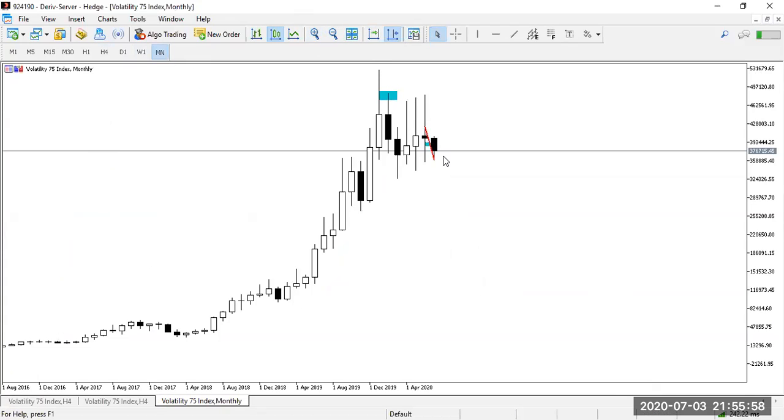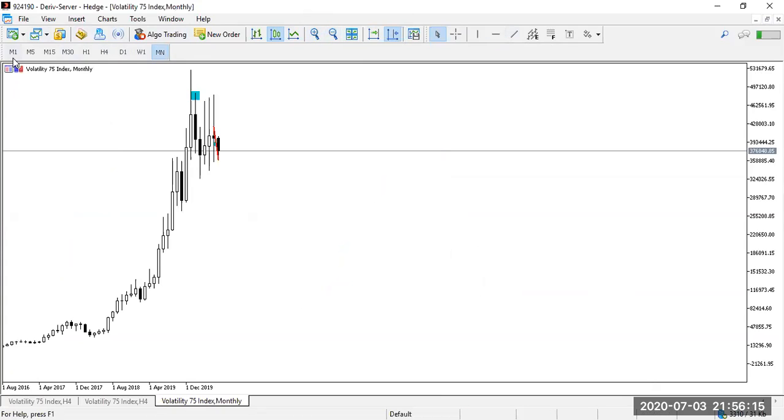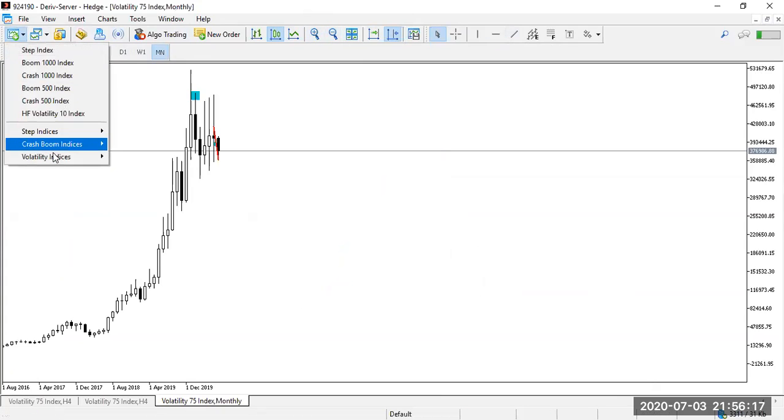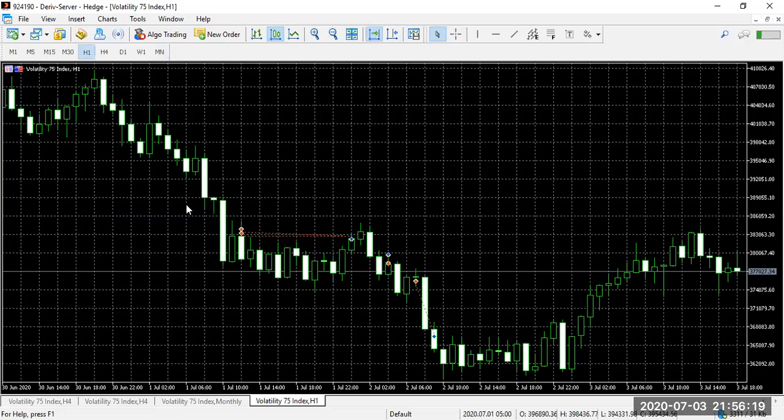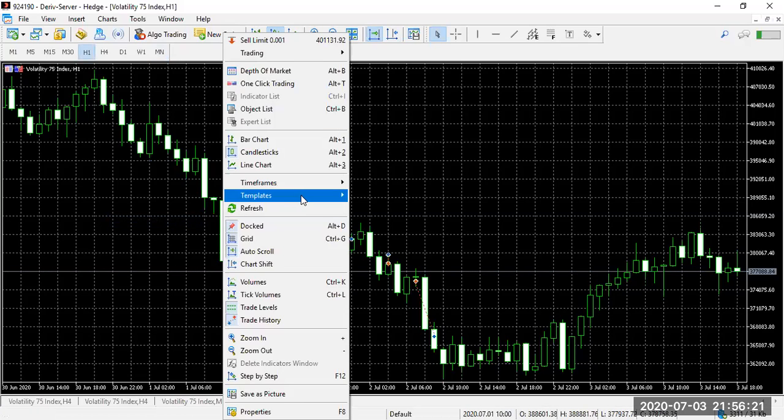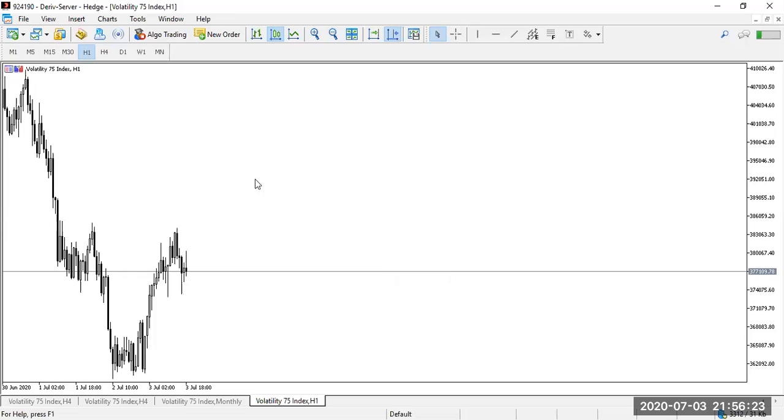Well, this is too wide. These indices are just something else. Okay, let me try my best to do this. Okay, let me go to the monthly time frame.